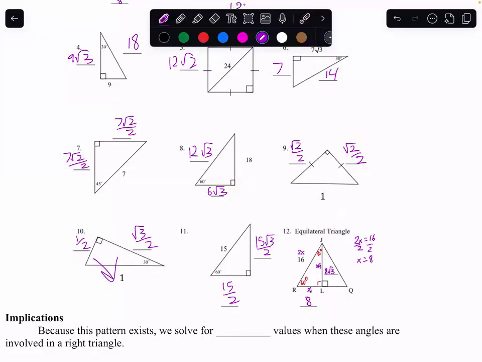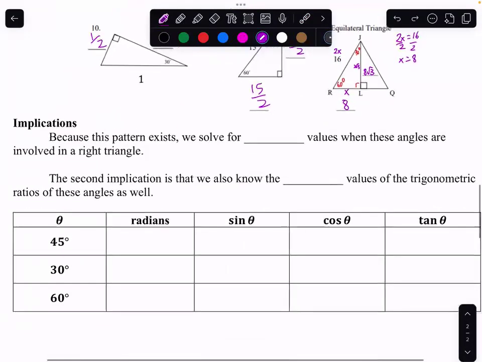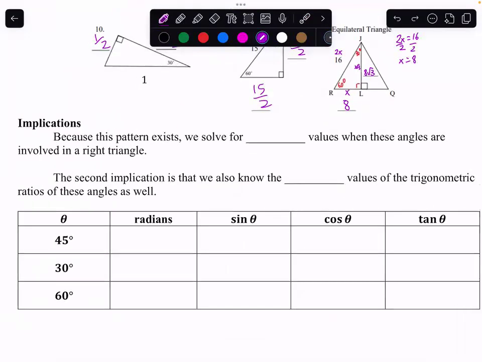No matter how long or short the initial sides are, the hypotenuse is always double it. With that in mind, we are able to solve for exact values when these special angles are in a right triangle. We don't need to approximate, round, or estimate. We can always find the exact values.